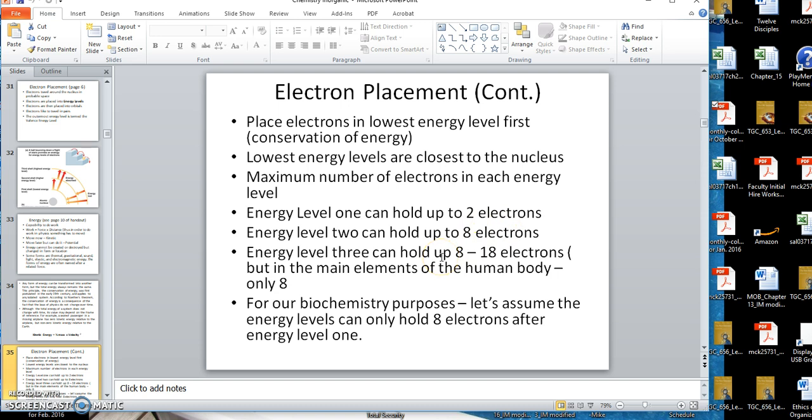Energy level 3 can hold 8 to 18, but we won't get real fancy because when we get into the 8 to 18, then we start getting into higher forms of chemistry. For our practical purposes in this course, we're going to say 2 in the first energy level, 8 in the second, 8 in the next one, and even 8 in the one after that. Okay? So we're going to make it very simple.